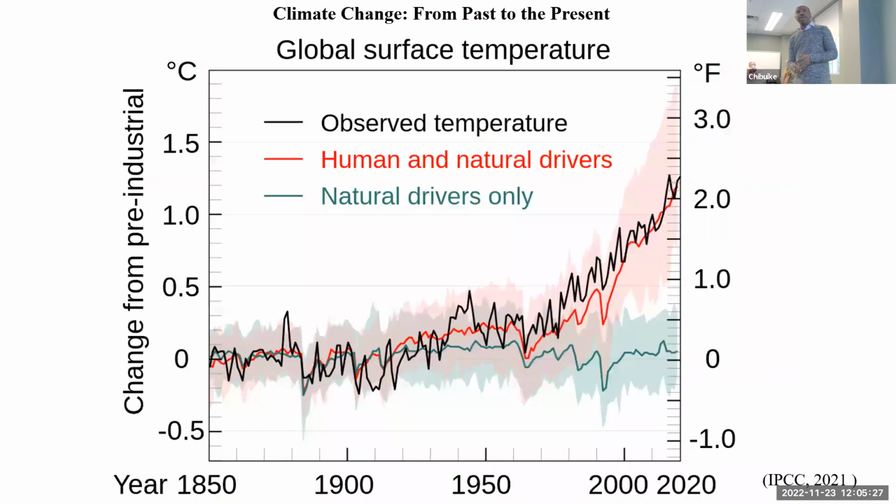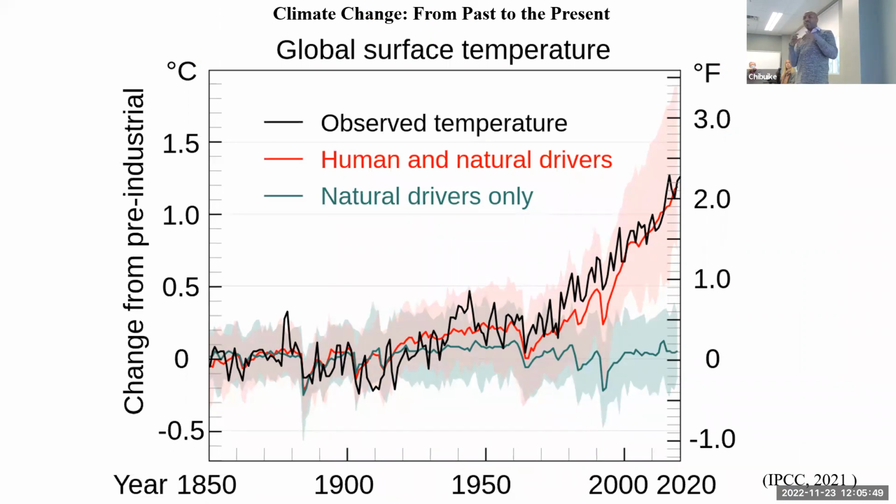Now, over time, we've had this concept that the global climate has changed, right? So we now talk about global warming. Global warming is just an instance of climate change. It is not everything about climate, it's just an instance.